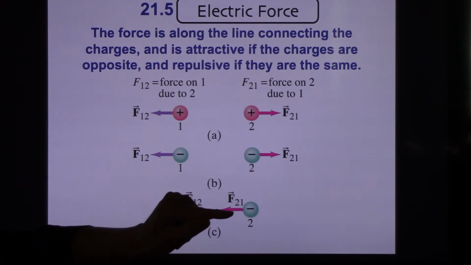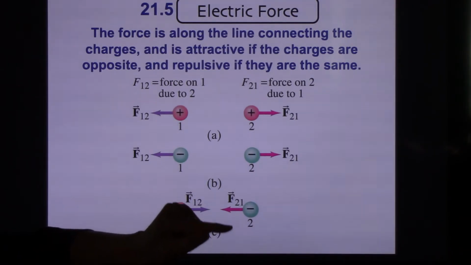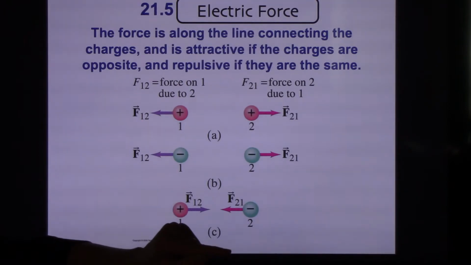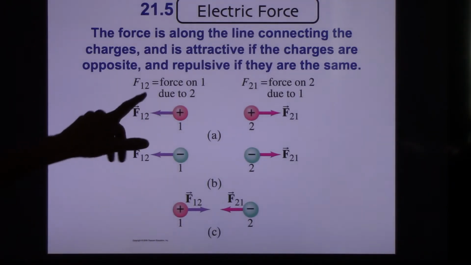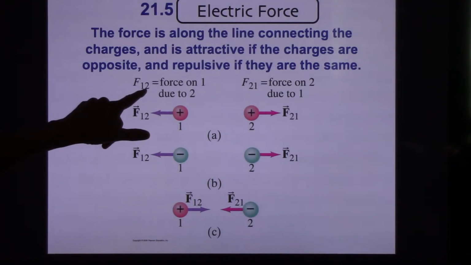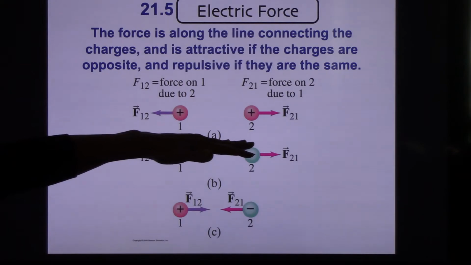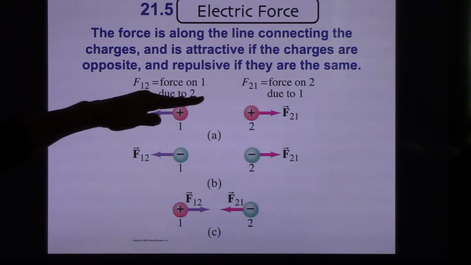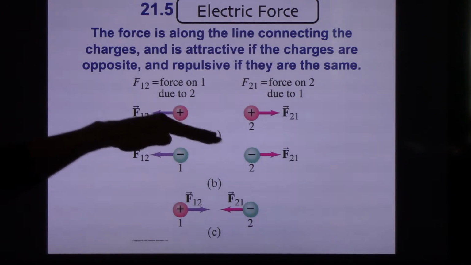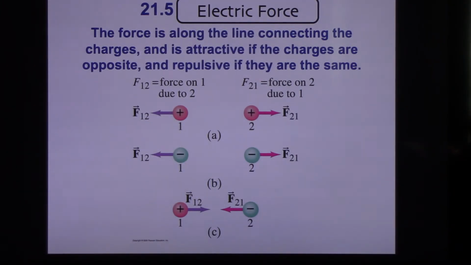That takes care of the direction. Once the diagram has taken care of the directional information, then the only thing left to do is solve for the magnitude. And the magnitudes are the same. So there's no need to keep track of whether the subscripts are 1, 2, or 2, 1. Use the diagram to keep track of directions, and then F12 and F21 become the same amount, the same magnitude.